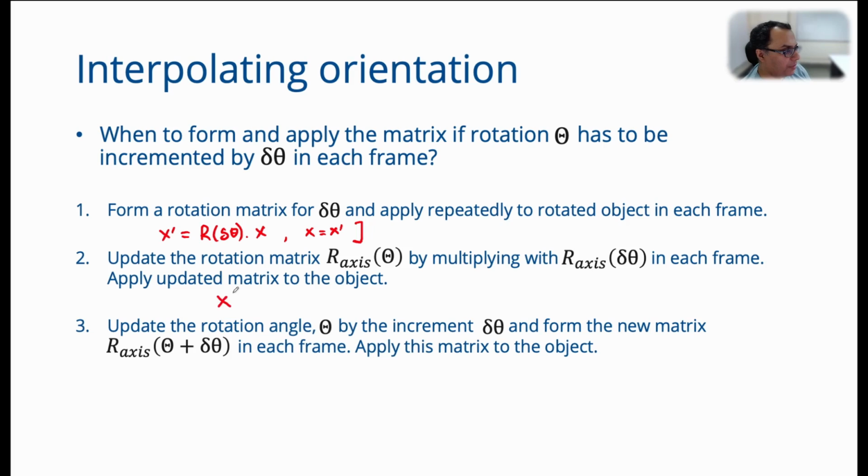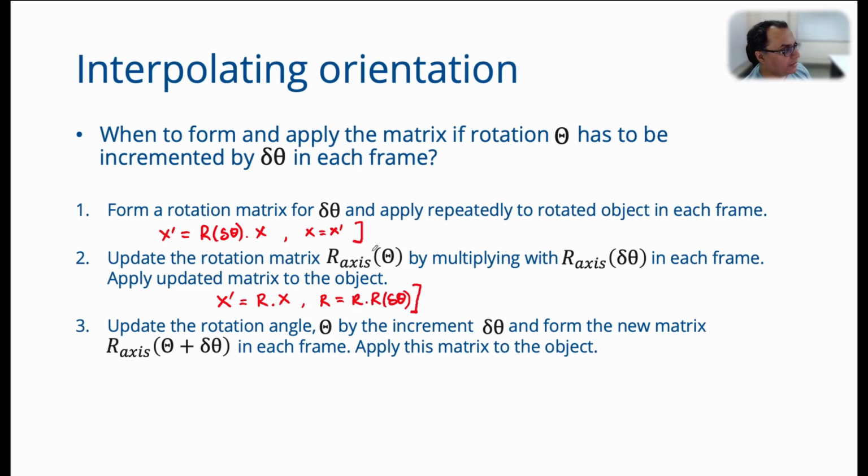The other way of performing the same operation is by computing x prime by multiplying x with a matrix R, such that R is created by multiplying R with R of delta theta at each frame, and this is the operation that repeats over time.